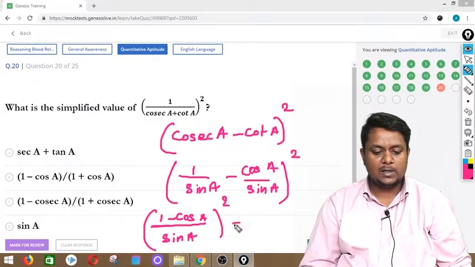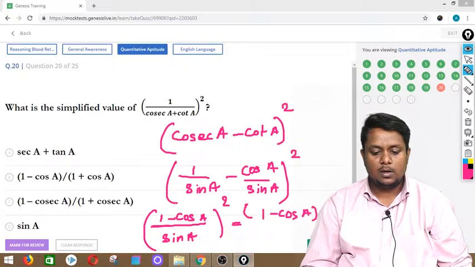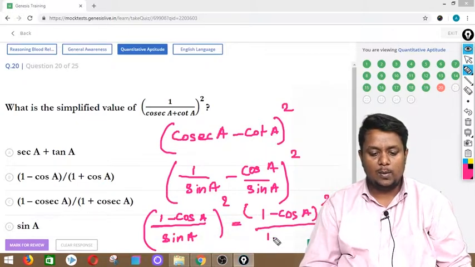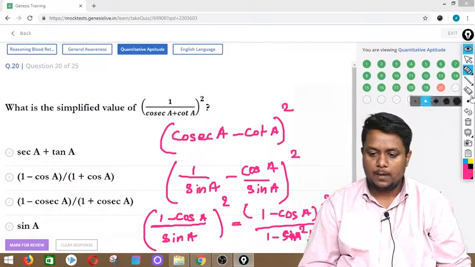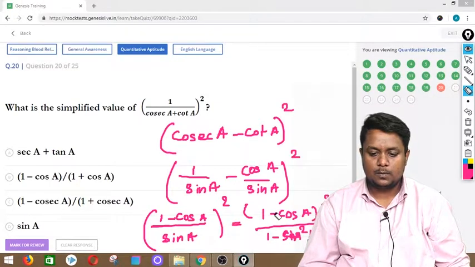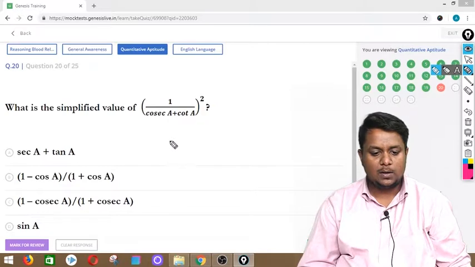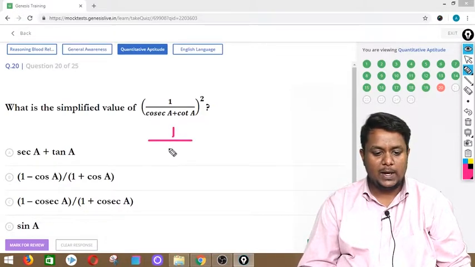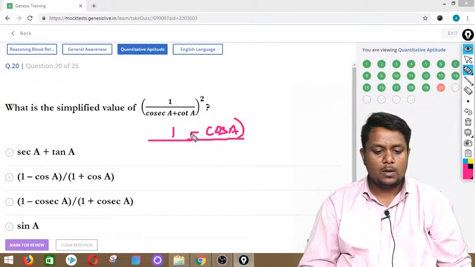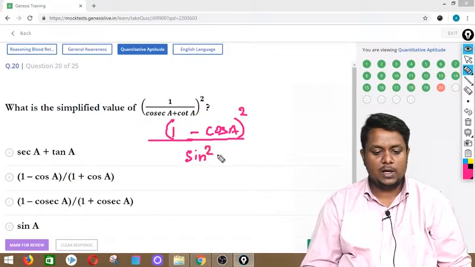This can be written as (1 minus cos A) the whole square divided by sin square A. So the last part that we have arrived at was (1 minus cos A) the whole square divided by sin square A.